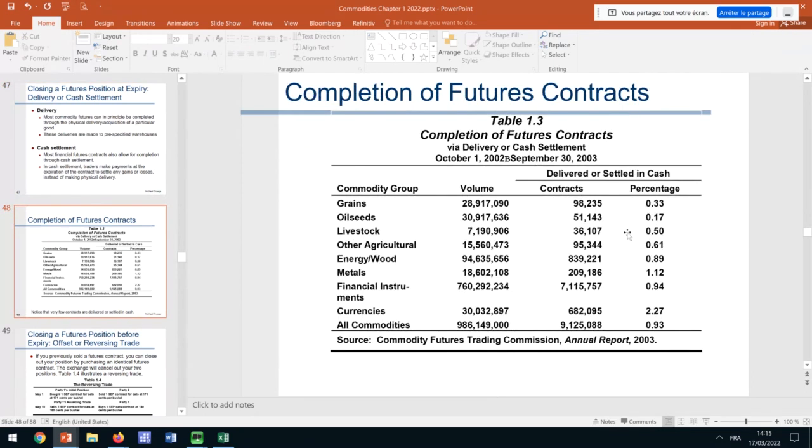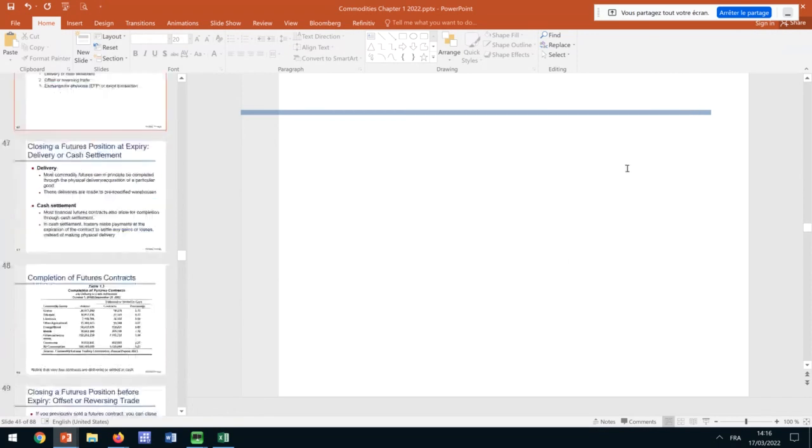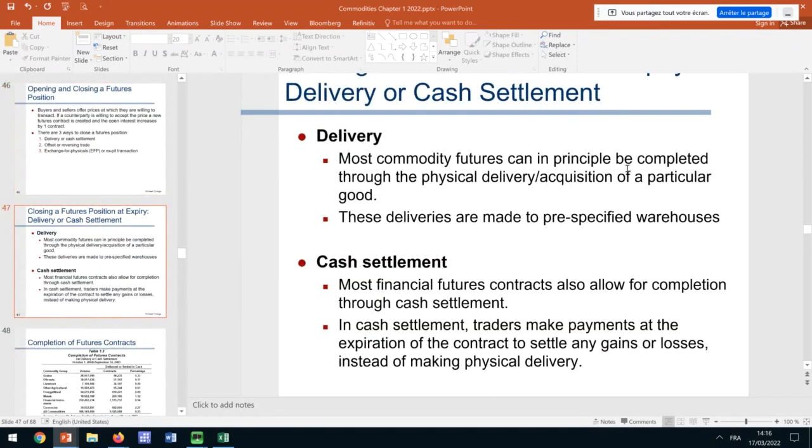Here you have a statistic, a bit old, that shows the percentage of contracts that are settled in cash or delivered. What does settled in cash mean? Let's suppose you are supposed to deliver wheat in a certain location in Chicago, because you have carried your futures contract until the end.